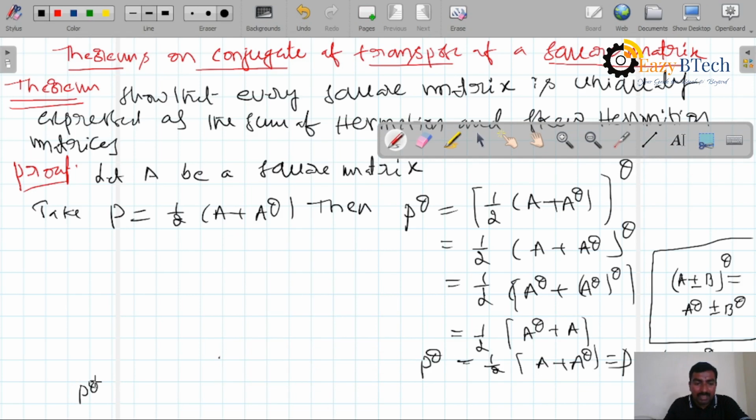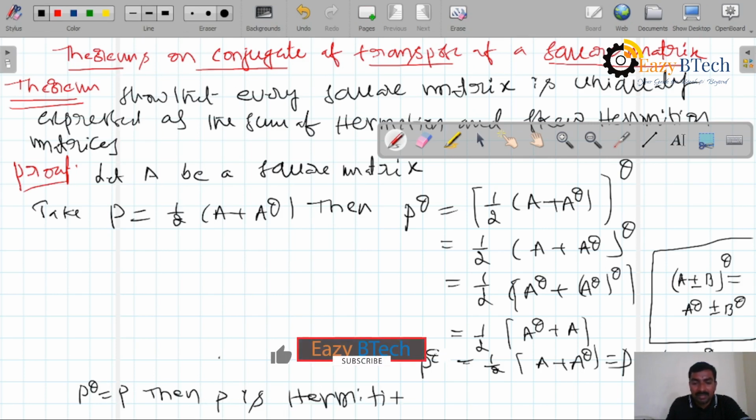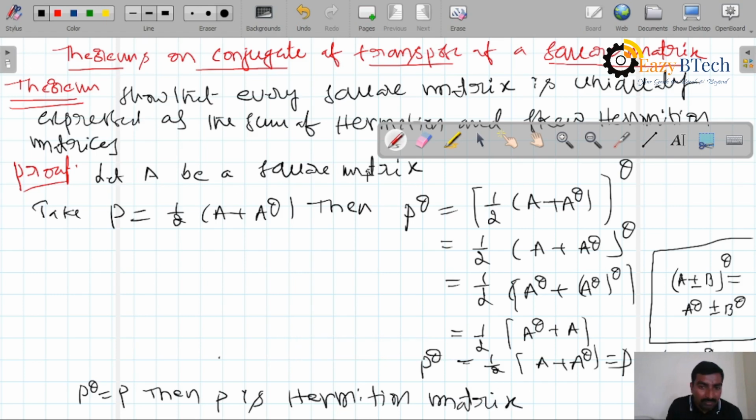Therefore P power theta equals P. What is the definition of Hermitian? A power theta equals A, then A is called Hermitian. Here P power theta equals P, then P is a Hermitian matrix.